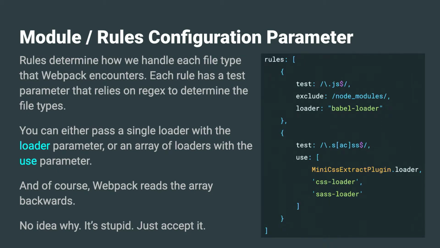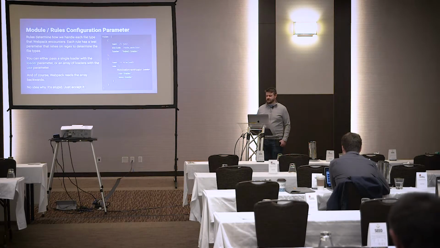You can pass it arrays of objects, you can pass it just a single object, you can pass strings as an object, so it gets a little confusing to begin with there, but if you stick with me, we'll be able to figure that out. Within that JavaScript one, we'll see that we're going to use Babel and compile our good JavaScript. And then, there's a couple of other loaders to compile the Sass and CSS within that second rule.